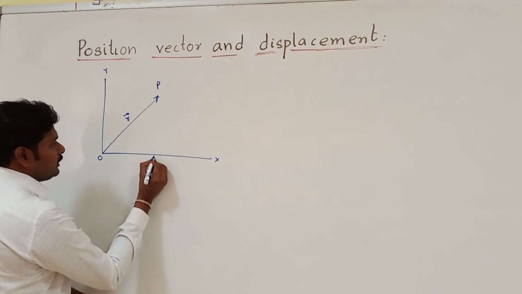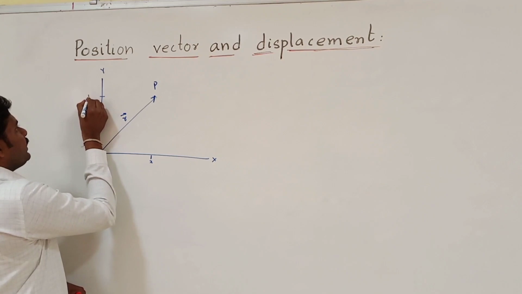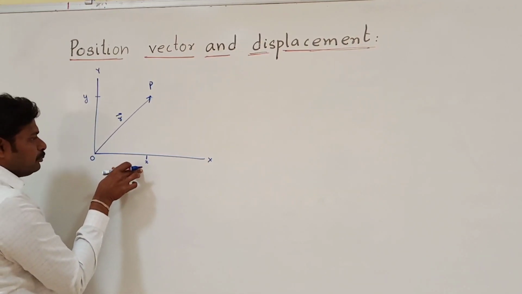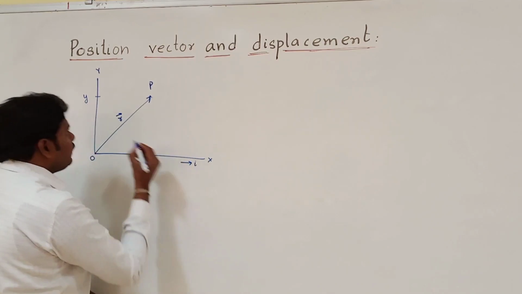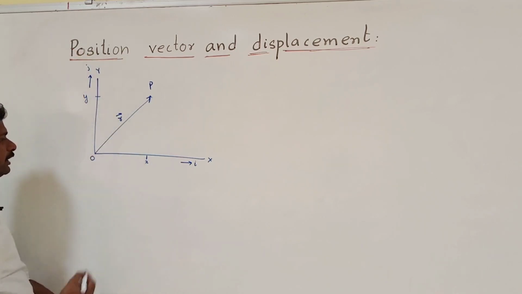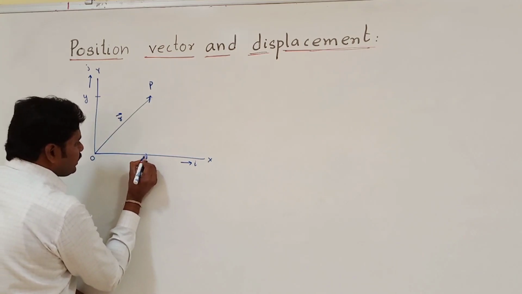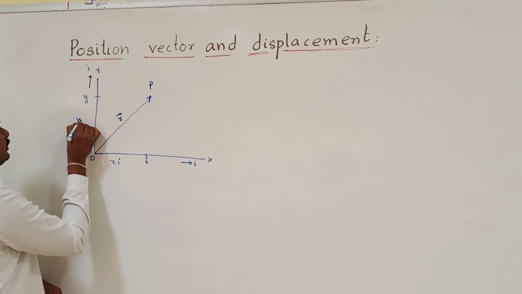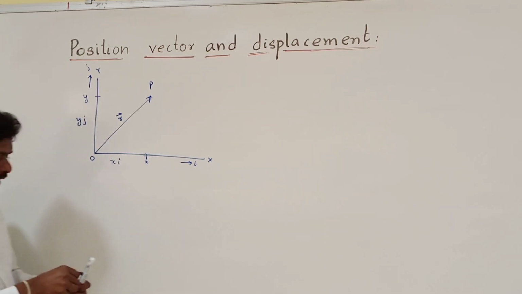This corresponding coordinate is the x coordinate, this coordinate is the y coordinate. The component x along the x direction means i vector, along the y direction means j vector. So if you want to write it in terms of vectors, this is xi, this is yj. So now how to write this?